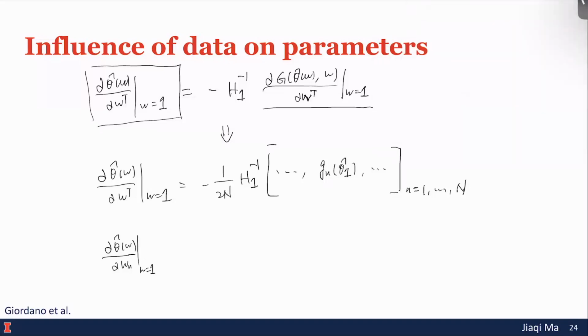So this individual influence will be 1 over 2n H1 inverse Gn theta 1 hat.